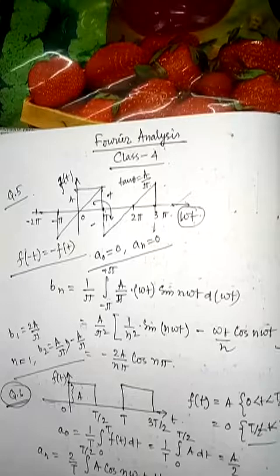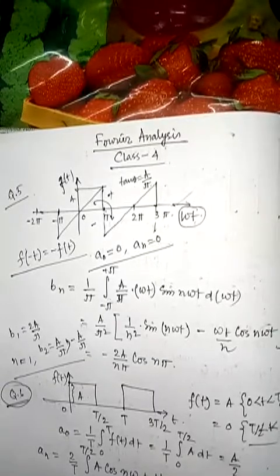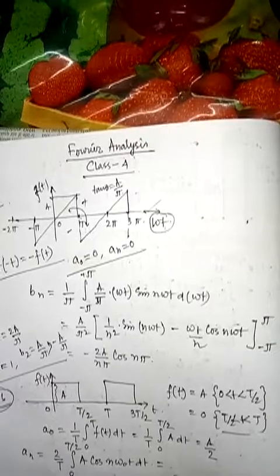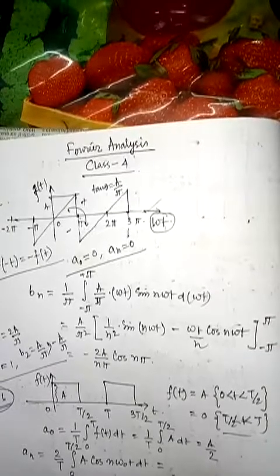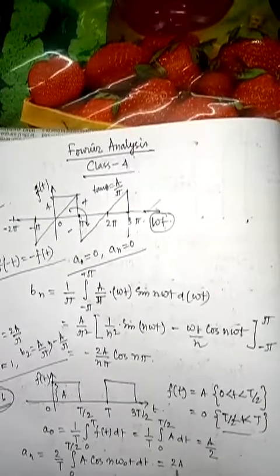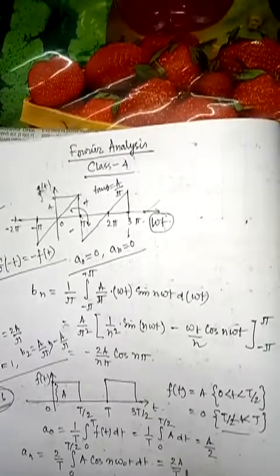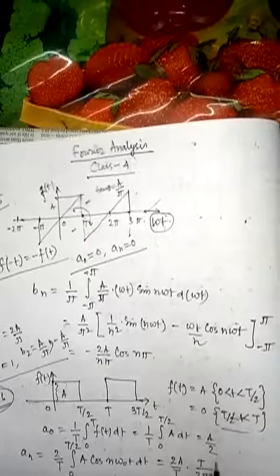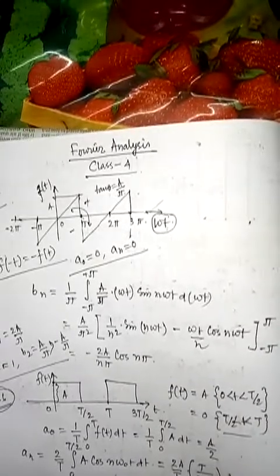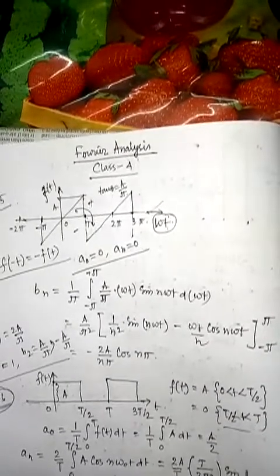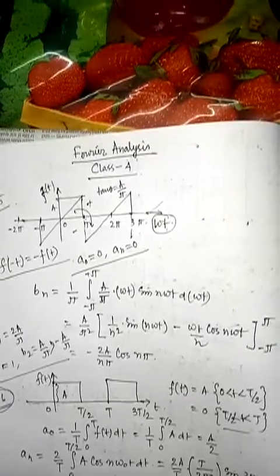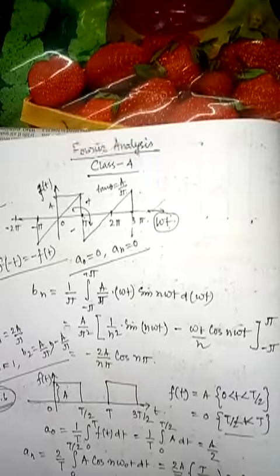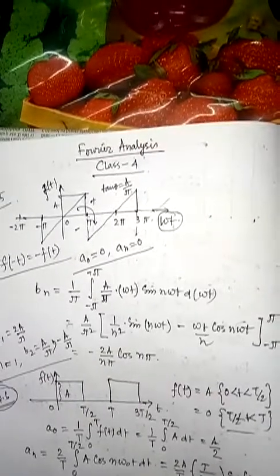So the final output can be evaluated using that property of the Fourier transformation. I have discussed it already, that is 2A by T into T by 2 pi n sin 2 pi n by T, into T, limiting from 0 to T by 2.